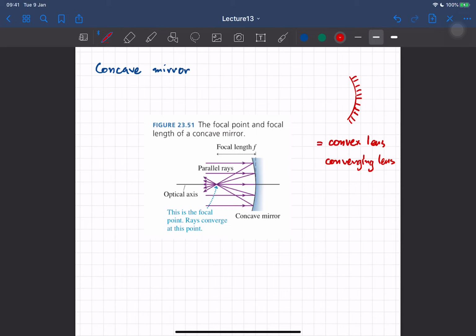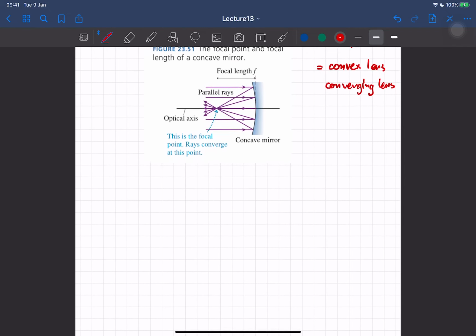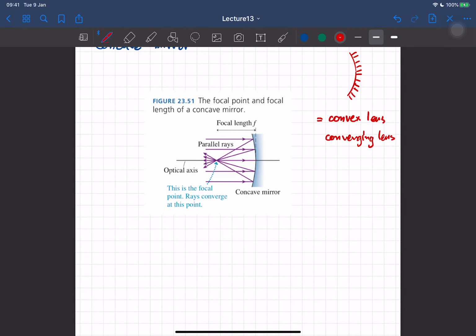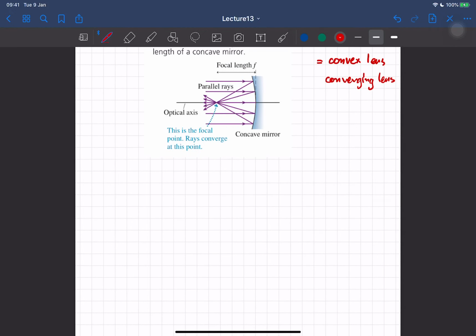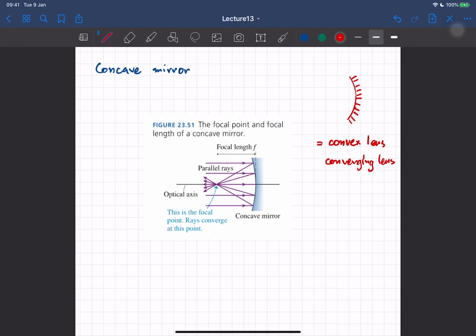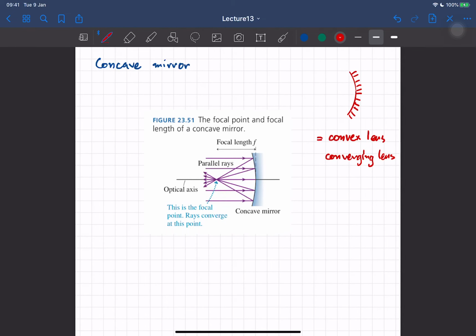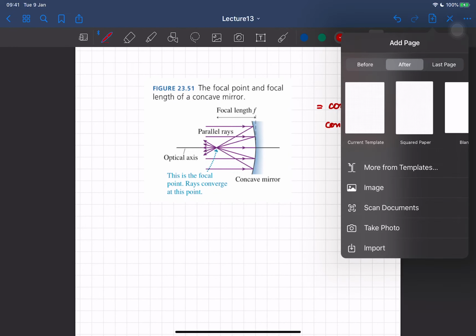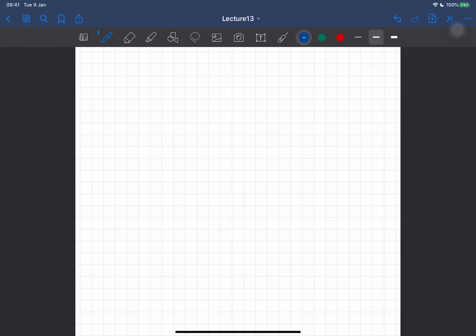And you can probably guess already that everything is going to be the same, except the image is not behind the mirror but in front of the mirror. So we're going to draw the same ray tracing diagram for the example. Maybe I should go to the next page here.